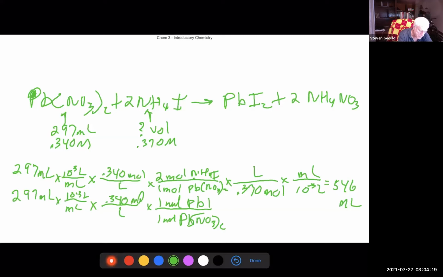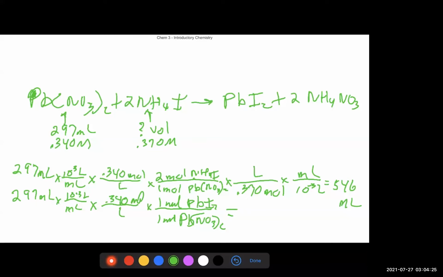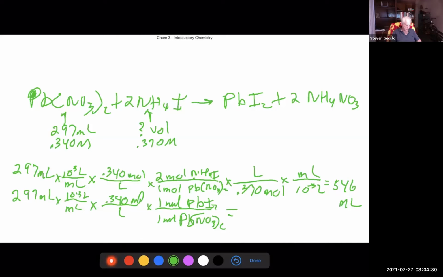You want how many moles of it? Is that what that's for? Yes, it's asking for how many moles. Okay. So let's do our calculations here. We have 297 times 10 to the negative 3, so 0.297, times 0.340.